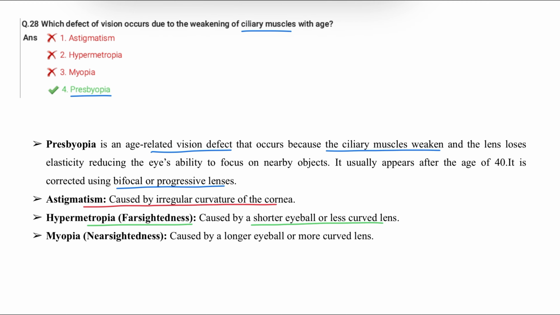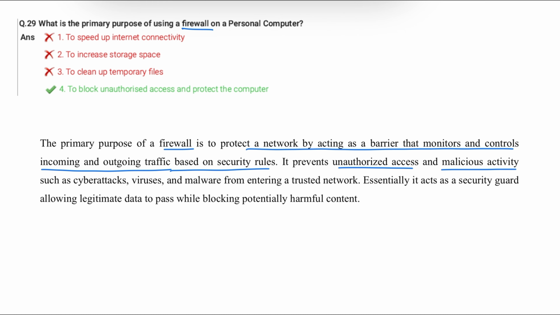Essentially, it acts as a security guard, allowing legitimate data to pass while blocking the potentially harmful content. So, firewall allows legitimate data to enter, blocking the potentially harmful content. Correct answer option D, to block unauthorized access and protect the computer.